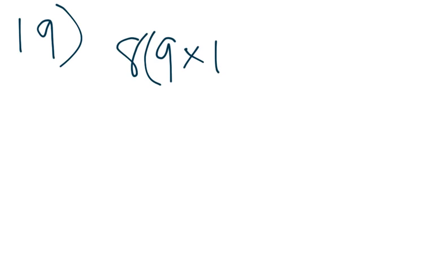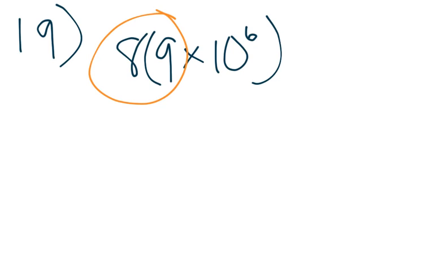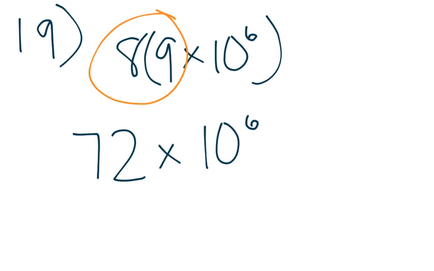Okay, for number 19, we have 8 times 9 times 10 to the 6th power. We're just going to multiply these first two numbers, and 8 times 9 is 72. So we have 72 times 10 to the 6th power because this stays the same.